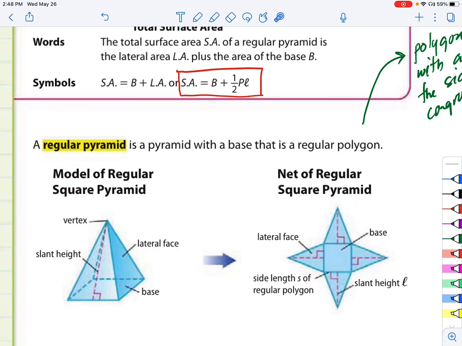When you open it up, again, this is our base. These are the four lateral faces of our pyramid, the triangles, and this is our slant height. Remember, the slant height of this pyramid will all be the same. So this slant height is equal to that slant height, and that slant height, and that slant height.